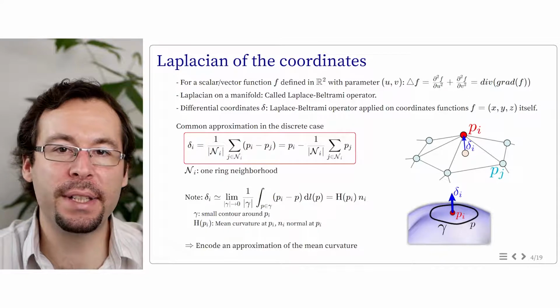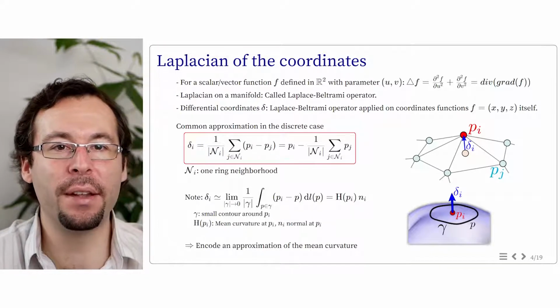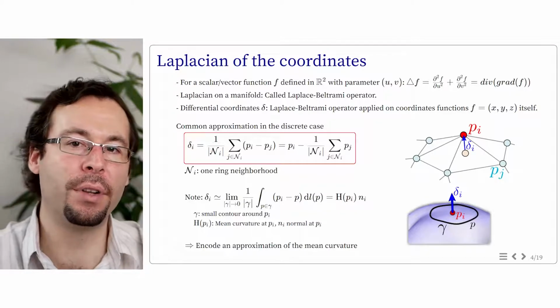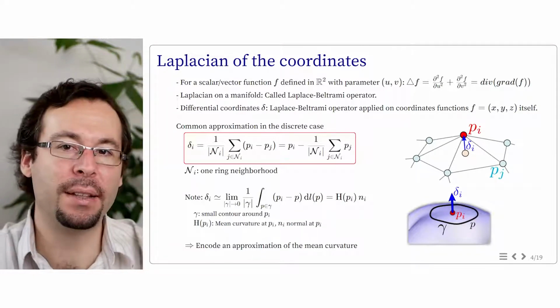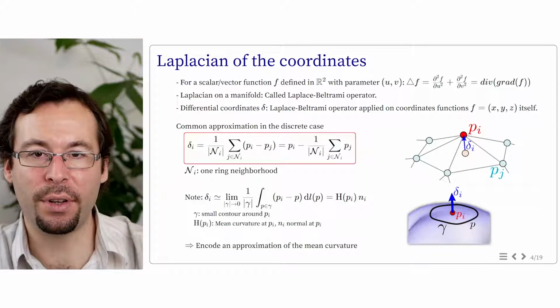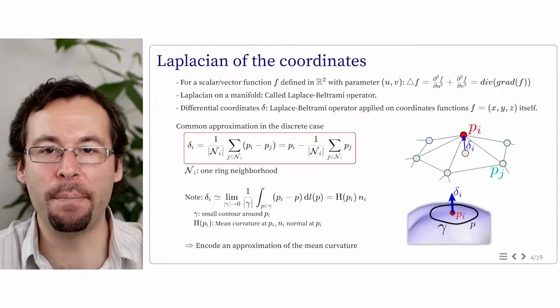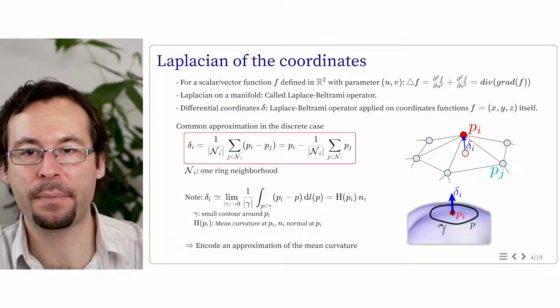Then the Laplace coordinate is actually the limit, when the length of gamma tends to 0, of 1 over the length of gamma times the integral over gamma of pi minus p dl of p, where p belongs to gamma.